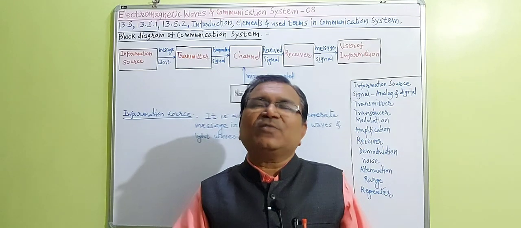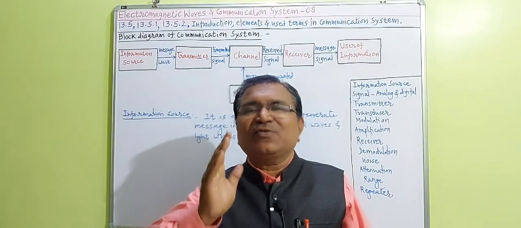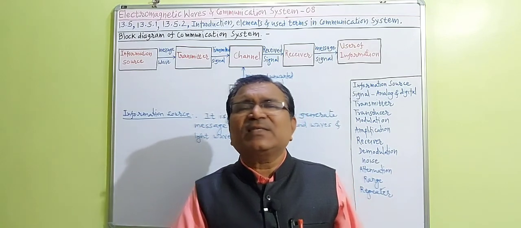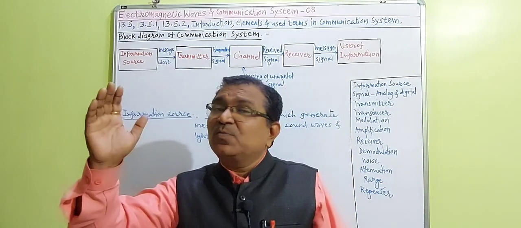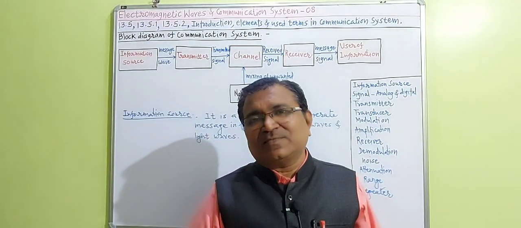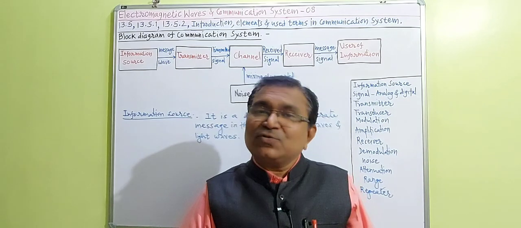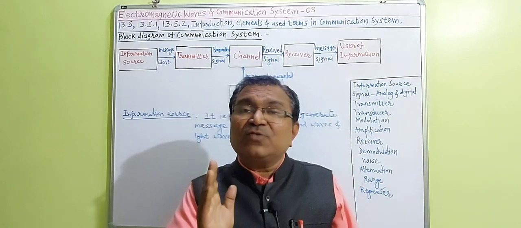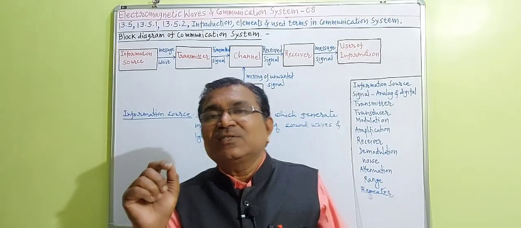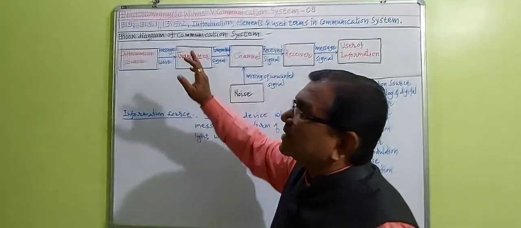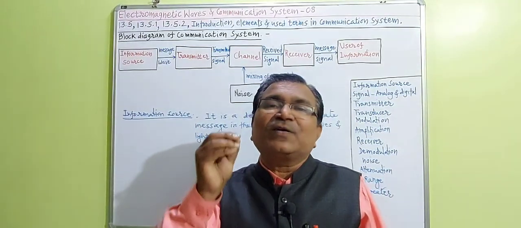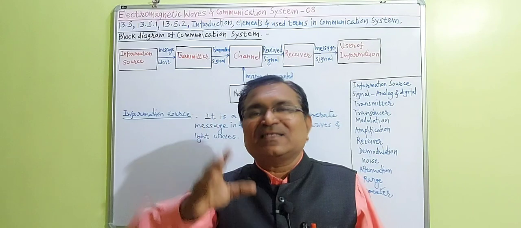Because of having such lower ability, such a sound wave and light wave cannot be transferred satisfactorily from one point to another point over a longer distance. And so such a sound wave and light wave is transferred towards the transmitter. They come into the transmitter and the function of the transmitter starts.